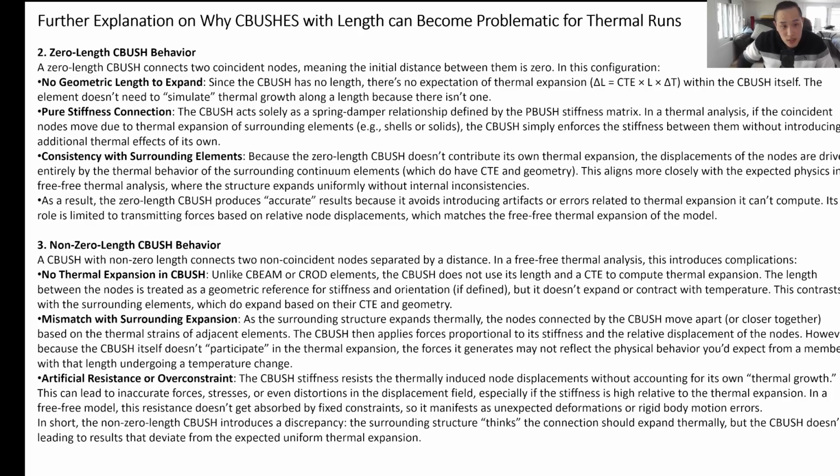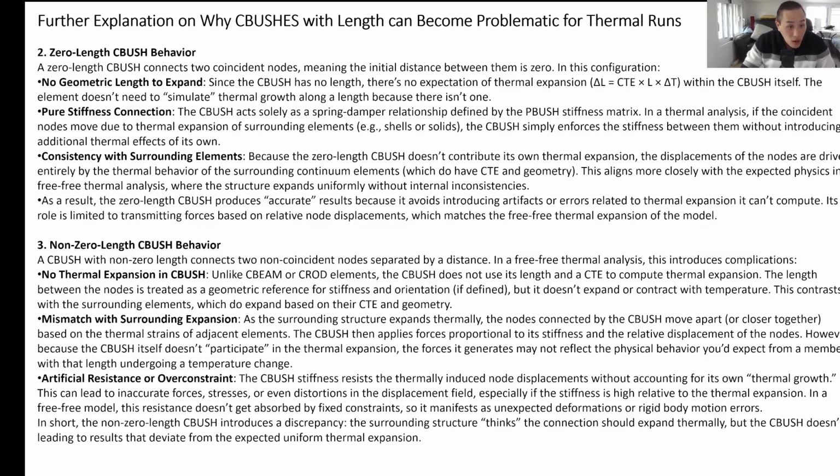Artificial resistance or overconstraint. The CBUSH stiffness resists the thermally induced node displacements without accounting for its own thermal growth. This can lead to inaccurate forces, stresses, or even distortions in the displacement field, especially if the stiffness is high relative to the thermal expansion.